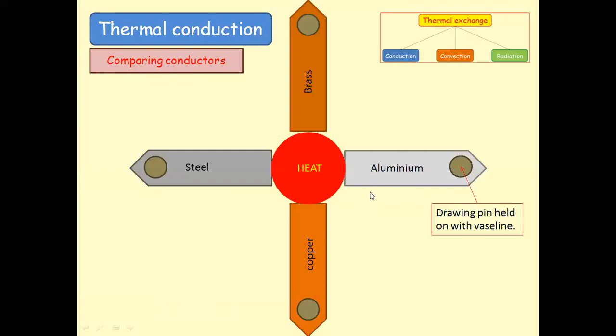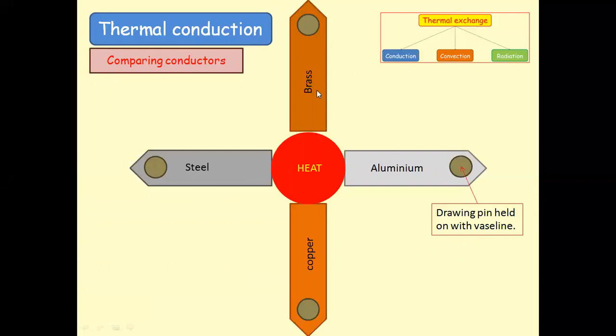In the following experiment, we use a heat source, and here we have four different metals of the same size, same volume. As you see here, they are exposed to the heat at equal distances, and we fix at the edge of each one a piece of Vaseline. Now we have four metals.